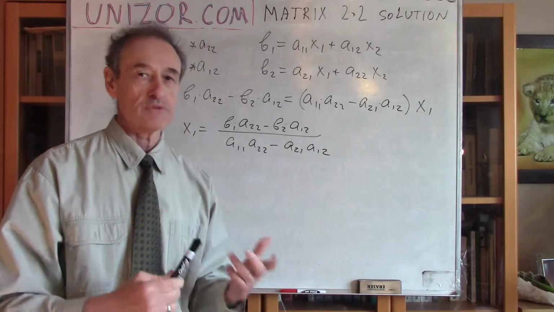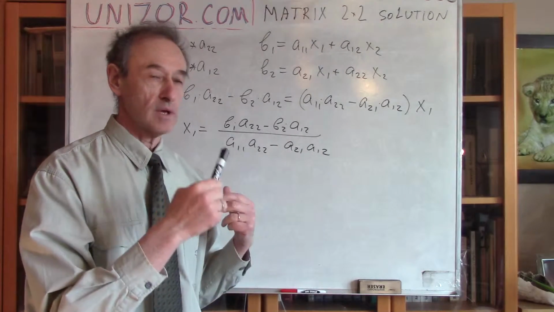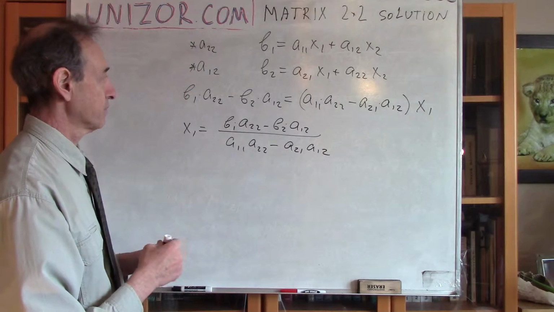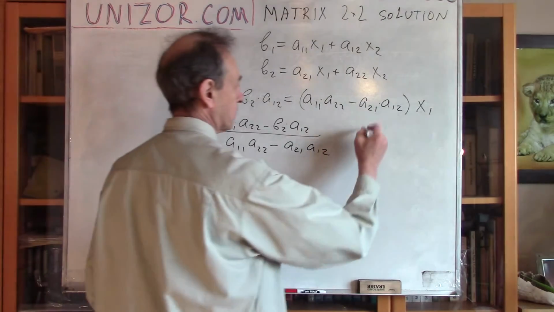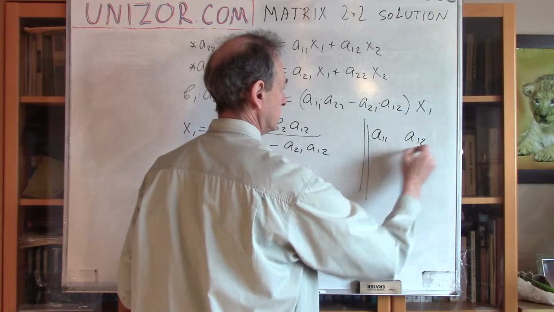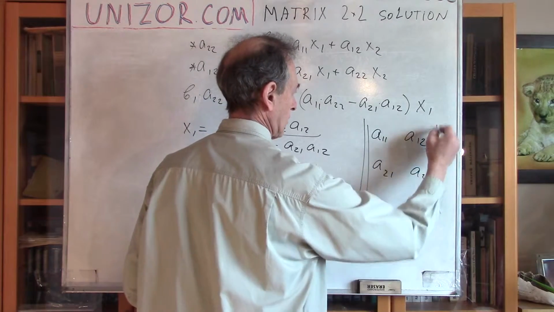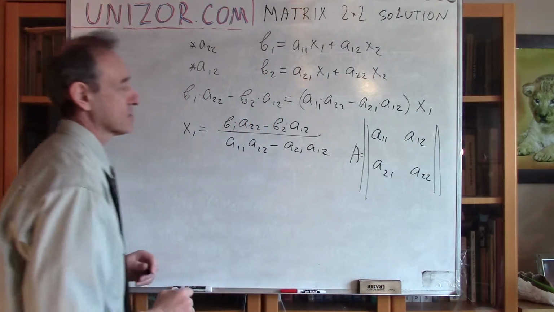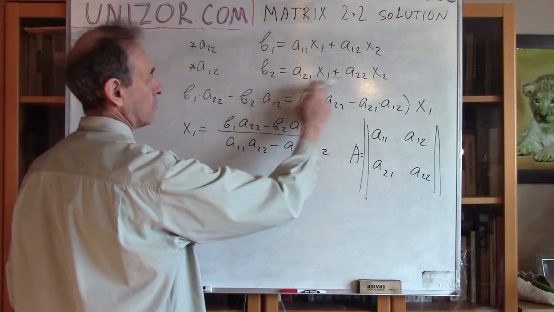What's more interesting is to start interpreting this formula from the position of matrices and their determinants. So let's use the matrix of the coefficients. This is the matrix of the coefficients: a11, a12, a21, a22.